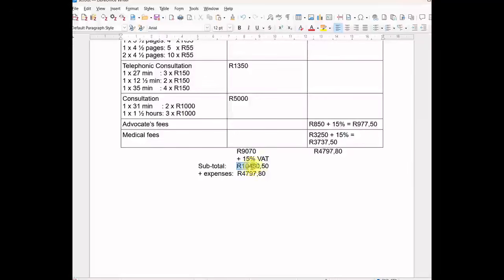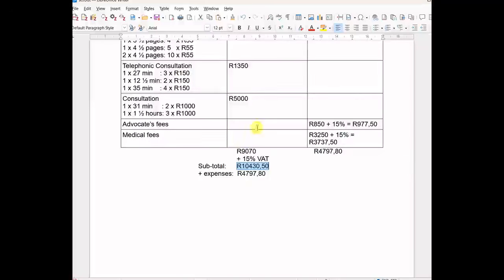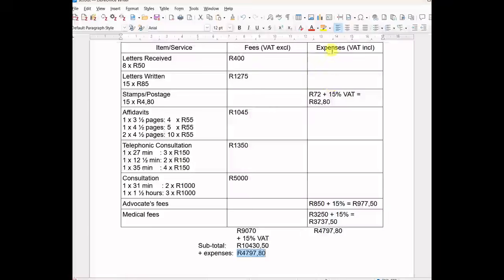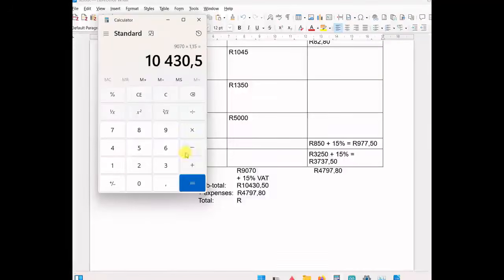So this 10,430 Rand is our fees. This 4,797.80 are the expenses. So we add in our fees plus the expenses, and that gives us a total of, where's our handy calculator?